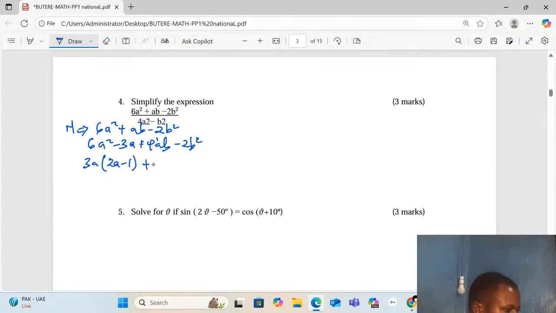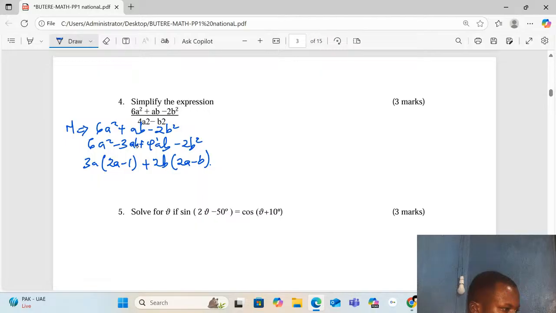then plus, here we shall have 2b into 2a minus b. So here 2a minus b.